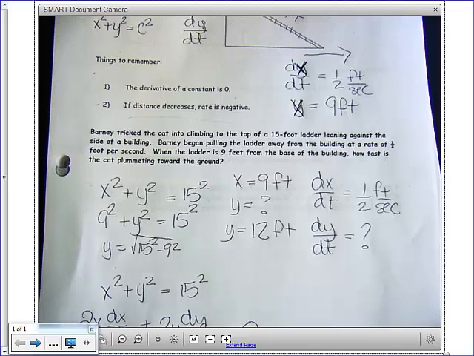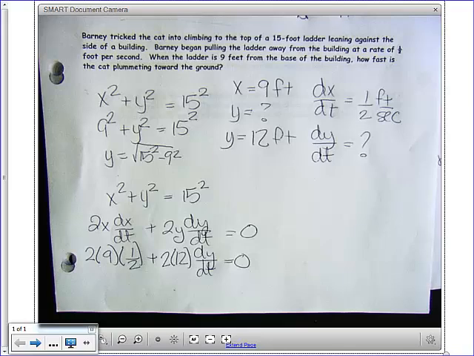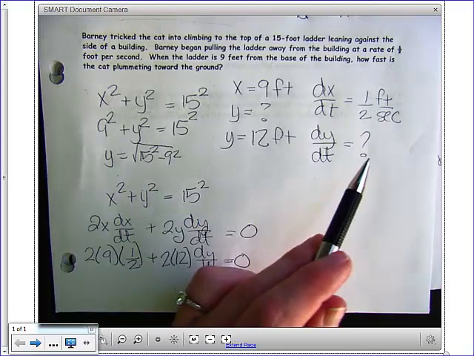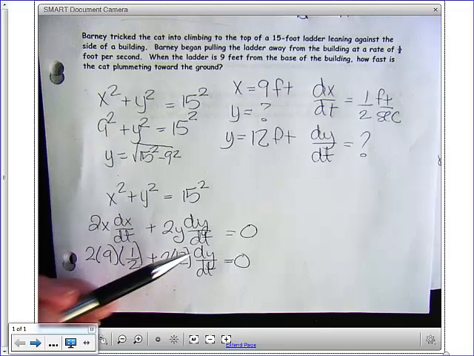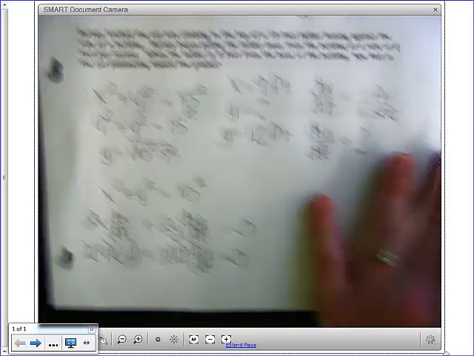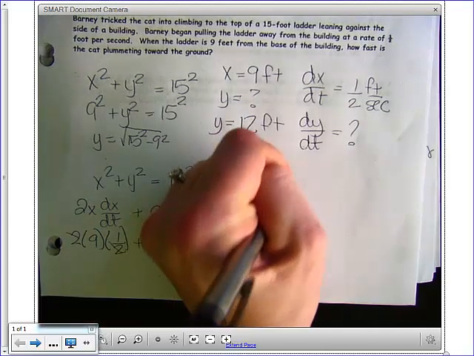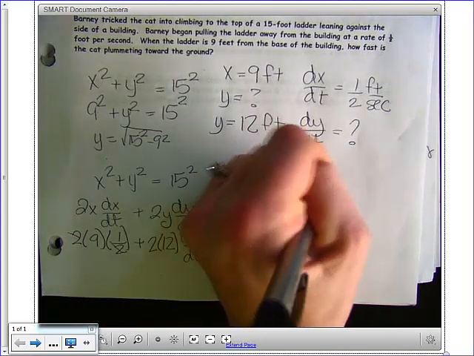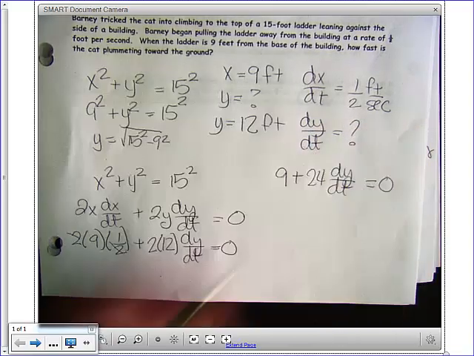Oops, sorry. I'll let y'all catch up a second. All I did here was, again, plug in my values. dx/dt was 1/2, x was 9, and y was 12. So now let's flesh that out a bit. Well, my 2 and 2 will cancel, so I have 9 plus 24 dy/dt equals 0.